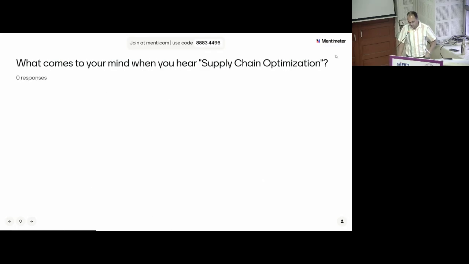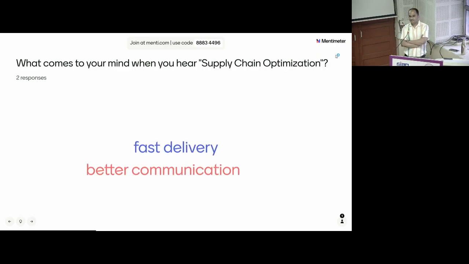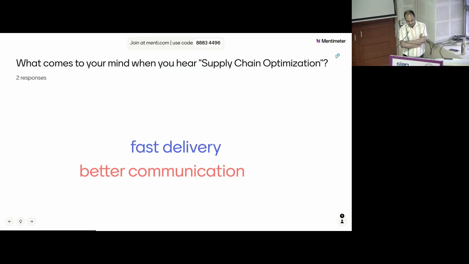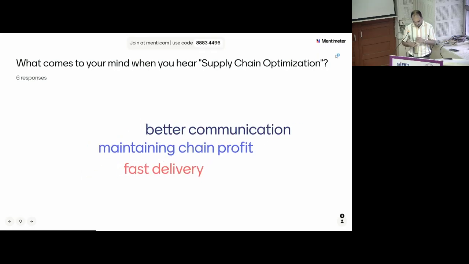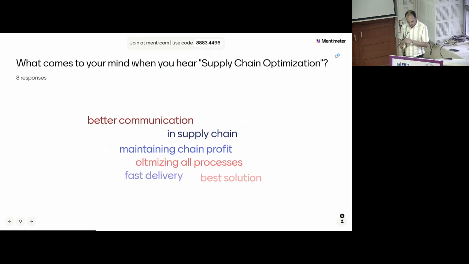What comes to your mind when you hear supply chain optimization? Optimizing what? Fast delivery, better communication. Okay. Maintaining chain profit.